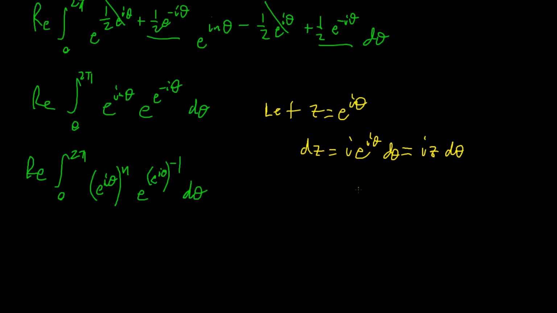Now, if I solve this equation for dθ, that gives me dz over iz. So I'm going to plug in this fraction here for dθ right here. All right, so this becomes real part integral z^n times e^(z^(-1)) dz over iz.